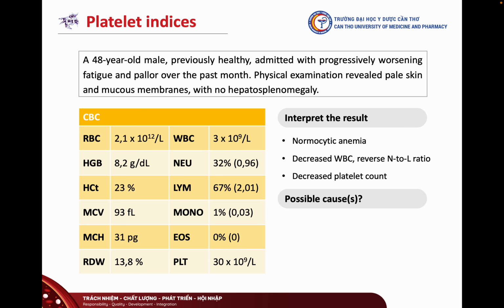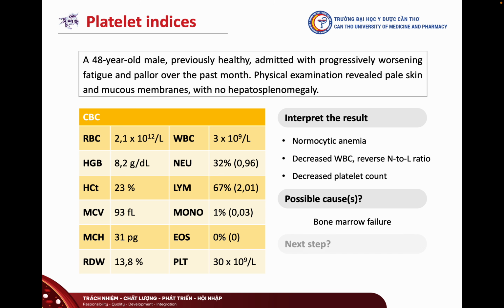This is pancytopenia, and when we see pancytopenia with a normal MCV and MCH, one of the first things we need to consider is bone marrow failure. The marrow may be failing to produce cells, whether due to aplastic anemia, myelodysplasia, or some other disease.